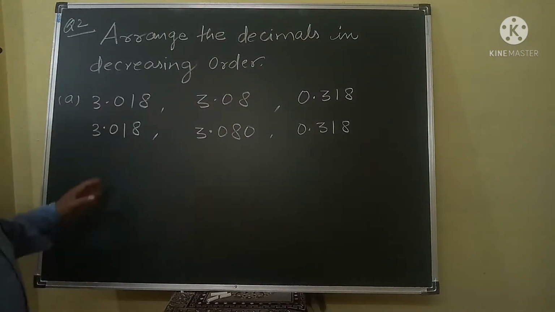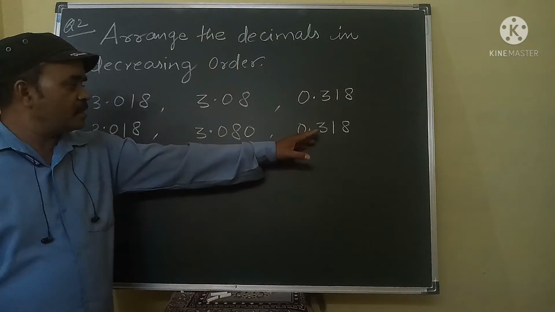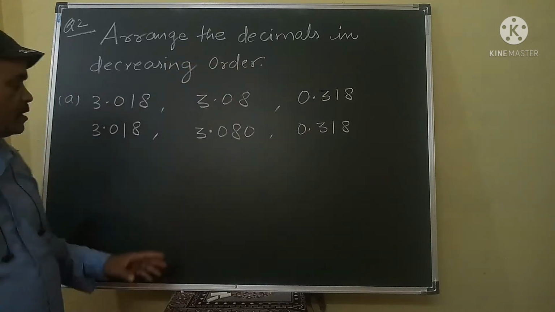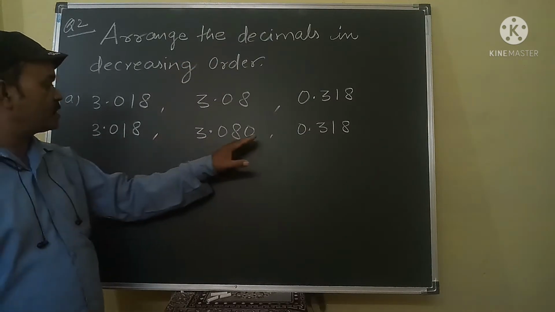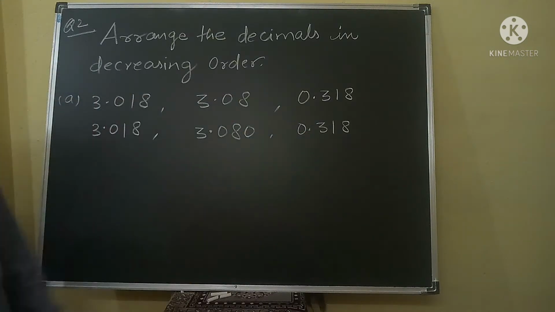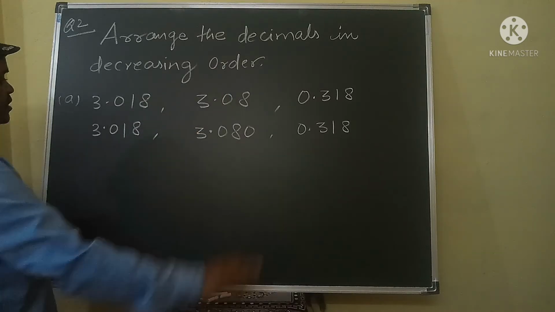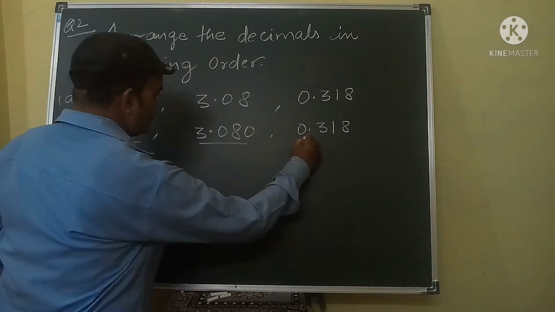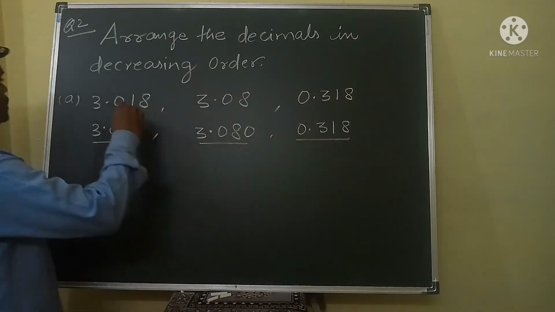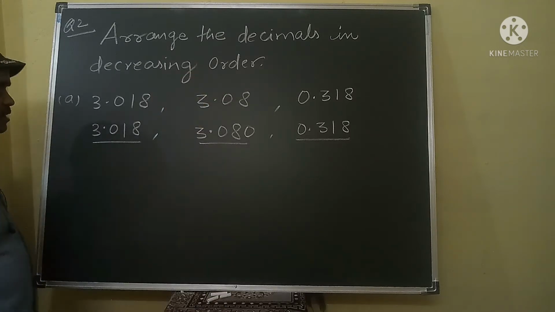That's why the number of digits after the decimal point is equal. Okay. Then after that we will arrange the given decimals in decreasing order. So in these decimal numbers, which is arranged in decreasing order?